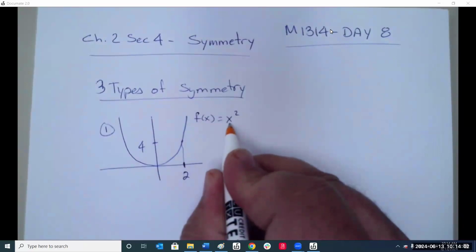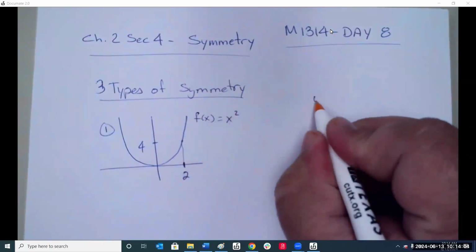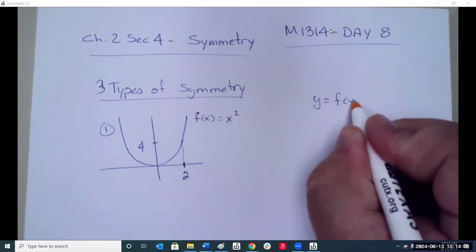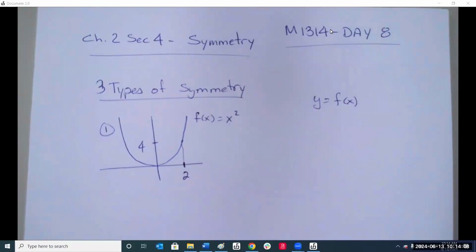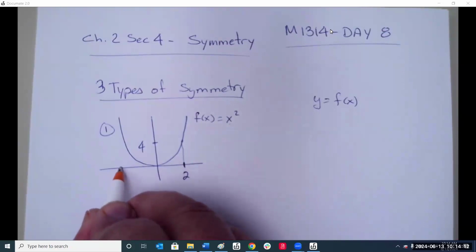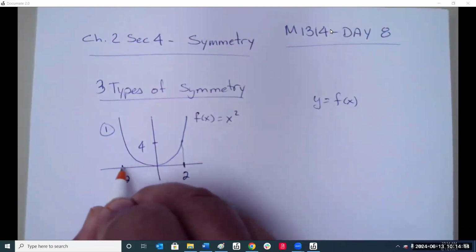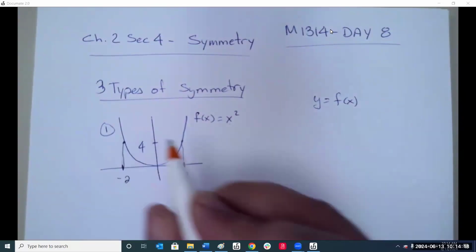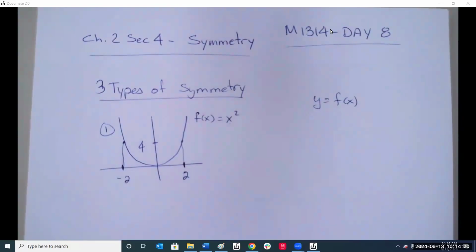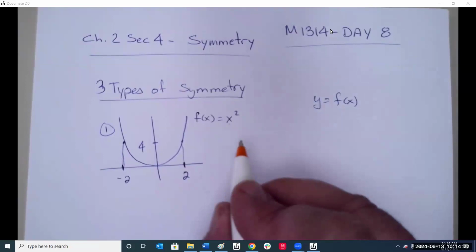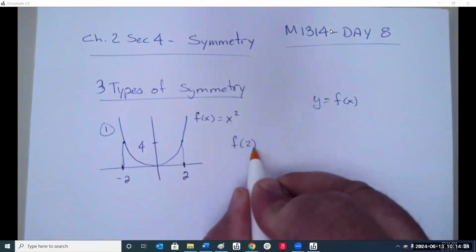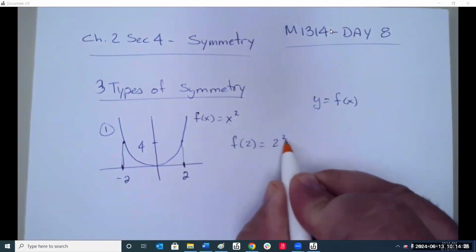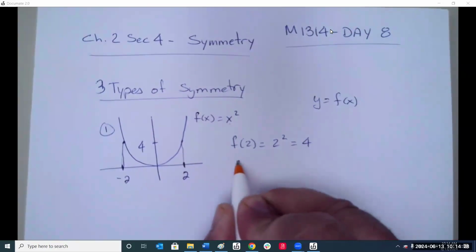Yeah, because 2 squared is 4. Remember, y is the same thing as f of x. If I put -2 inside there, what's my y value? Very good.